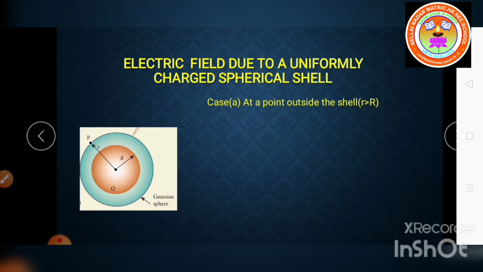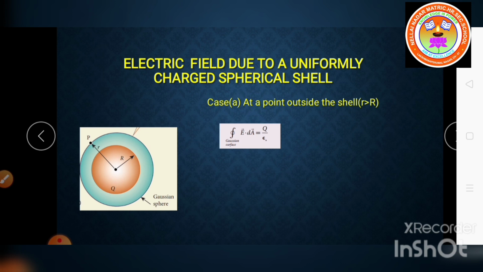For this imaginary spherical surface, I am going to apply Gauss law. So what is the formula of Gauss law? Closed integral over the Gaussian surface of E vector dot dA vector is equal to Q by epsilon naught.